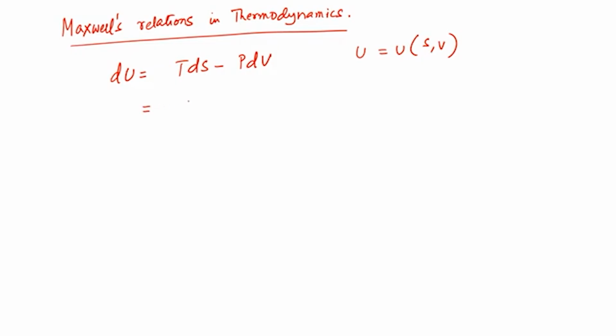So, we can write this as (del U/del S) at constant V times dS, plus (del U/del V) at constant S times dV.